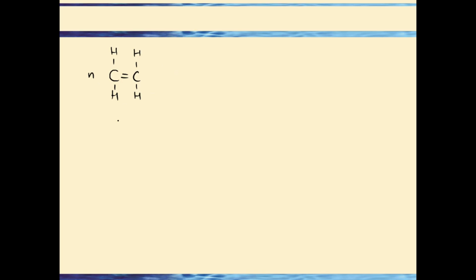Now this is the alkene that I start with, ethene. This is the starting material that we use to make polymer. So they are called the monomer.